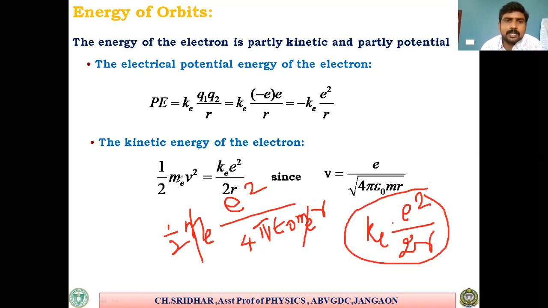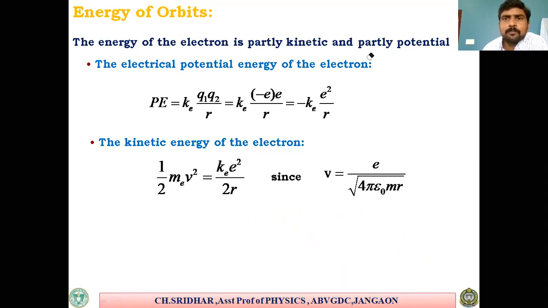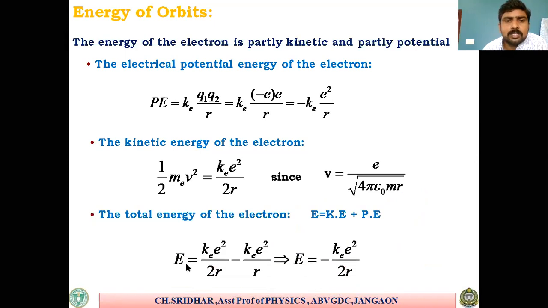So that means the kinetic energy is positive and the potential energy is negative. And if you consider the total energy of the electron, it is the sum of kinetic energy and the potential energy. So E is equals to, the kinetic energy is K_e into e square by 2r minus K_e into e square by r, the potential energy, and we have E is equals to minus K_e into e square by 2r.